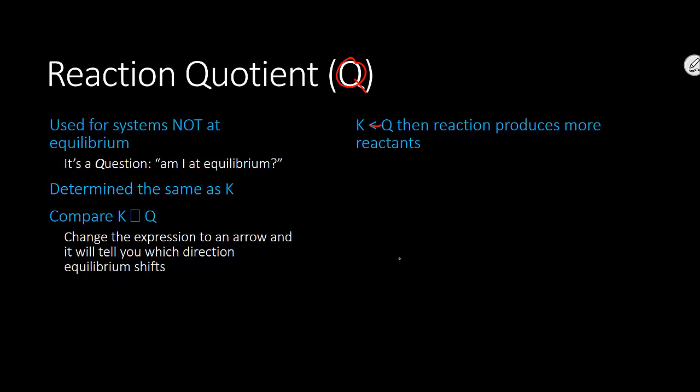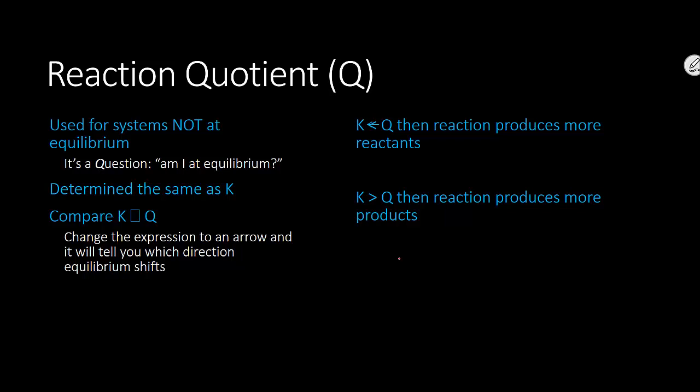So if K is less than Q, that means that you have more products than reactants than your equilibrium is supposed to have. So you'll favor the formation of more reactants. If K is greater than Q, that means that you have more reactants.